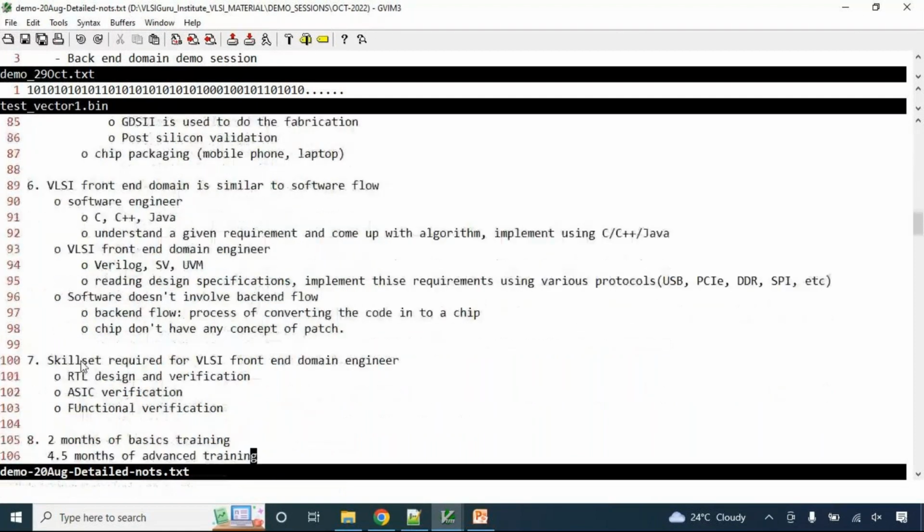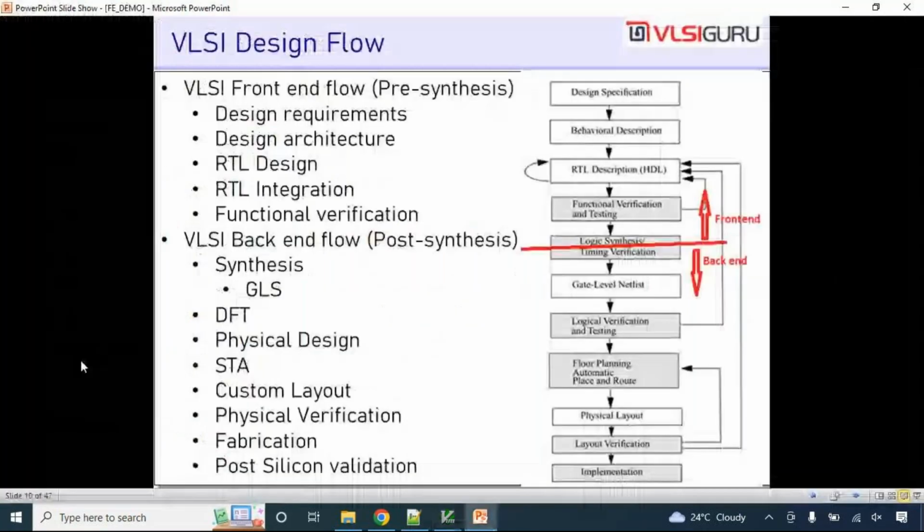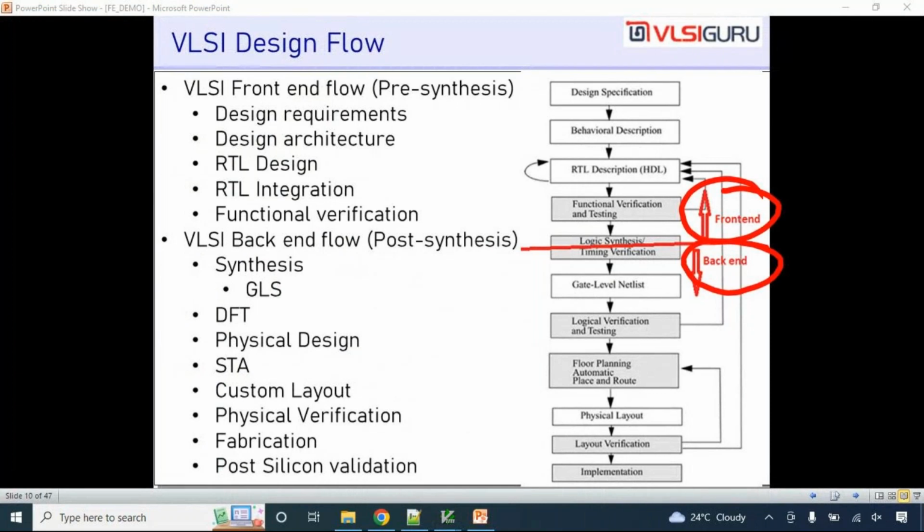Now let us understand why we are learning these two domains, front end domain and back end domain. Why are we dividing things into front end and back end? The first thing is these different roles we are seeing are done by different people. Design architecture is done by architect. RTL design is done by design engineer. Integration is done by integration engineer.